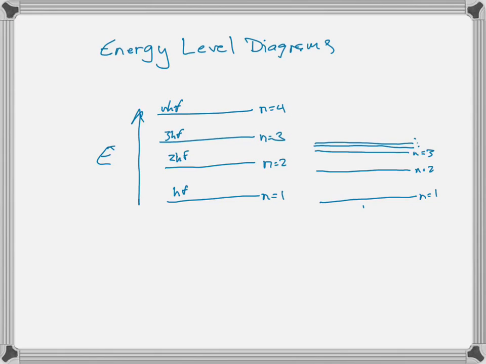They go not proportional to n, but as 1 over n for a typical atom, so they get closer and closer together as you go up. But anyway, this is what an energy level diagram looks like. You might talk about an atom in its lowest state, in its lowest energy level. If you excite it, you might excite it to a higher energy level. Atoms will move up and down between energy levels. Okay, that's all we need to say about energy level diagrams right now.